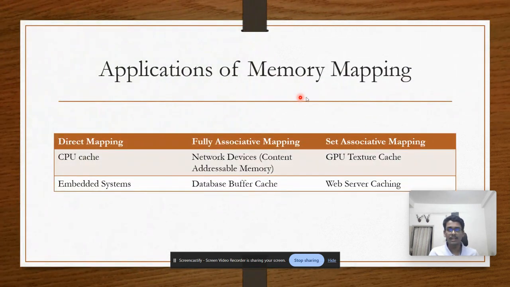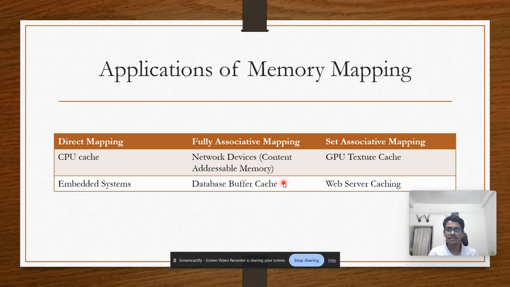Now let's have a look at the applications of memory mapping. Direct mapping is generally used in CPU cache and embedded systems, while fully associative mapping, having limited uses, is generally used in networking devices due to its use of content addressable memory, also known as associative memory.